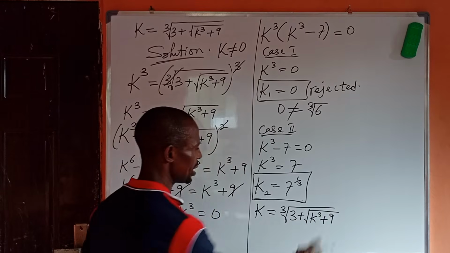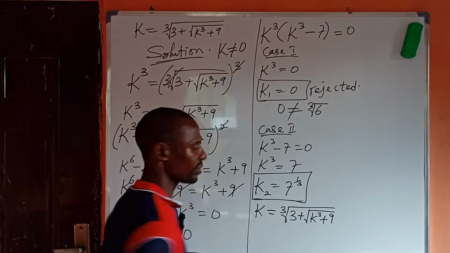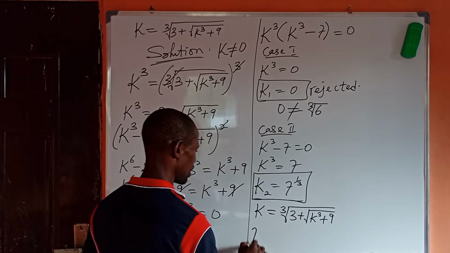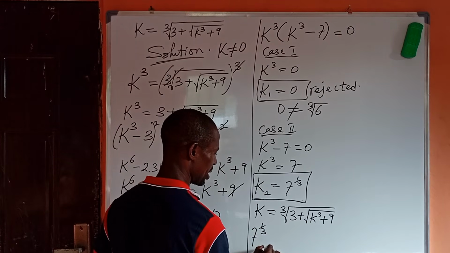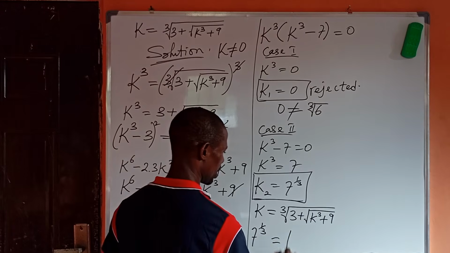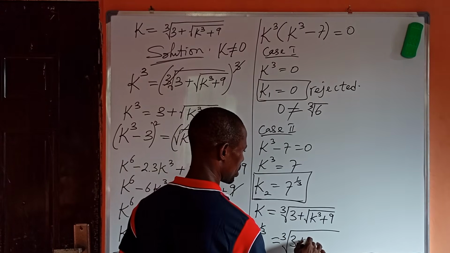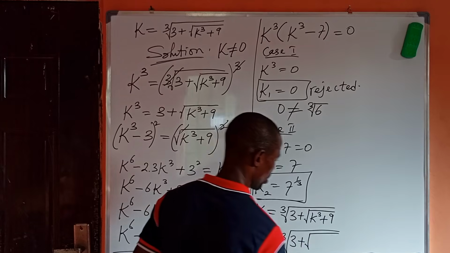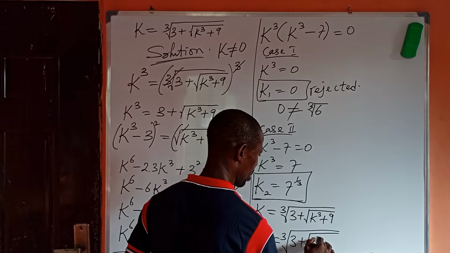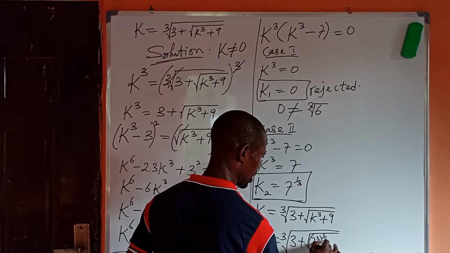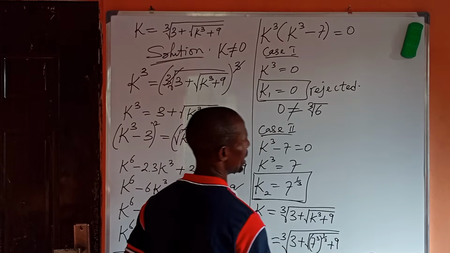So wherever we see k, we put 7 raised to the power of 1 over 3. So here we have 7 to the power of 1 over 3 equal to the cube root of 3 plus the square root of 7 raised to the power of 3, further raised to the power of 1 over 3, plus 9.